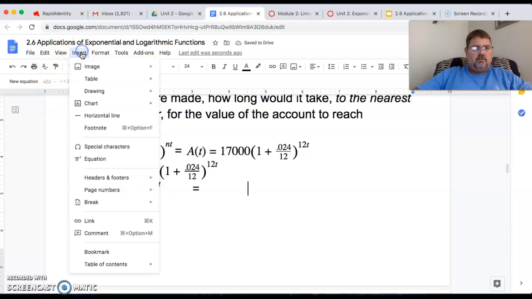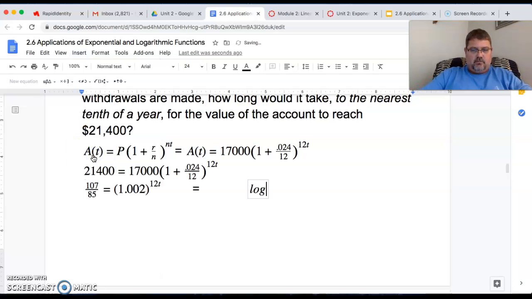You're going to get log of this equal, I'm supposed to already be in my equation mode, but you know what? That works. You can understand what that means. 1.002 raised to the 12t.